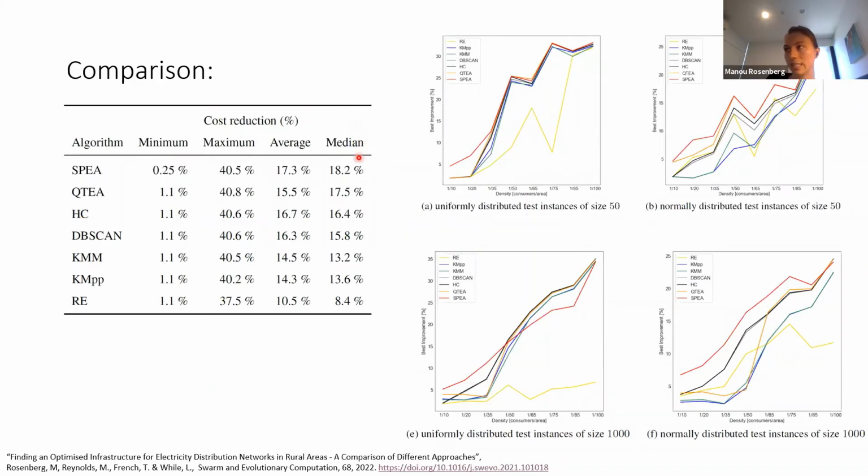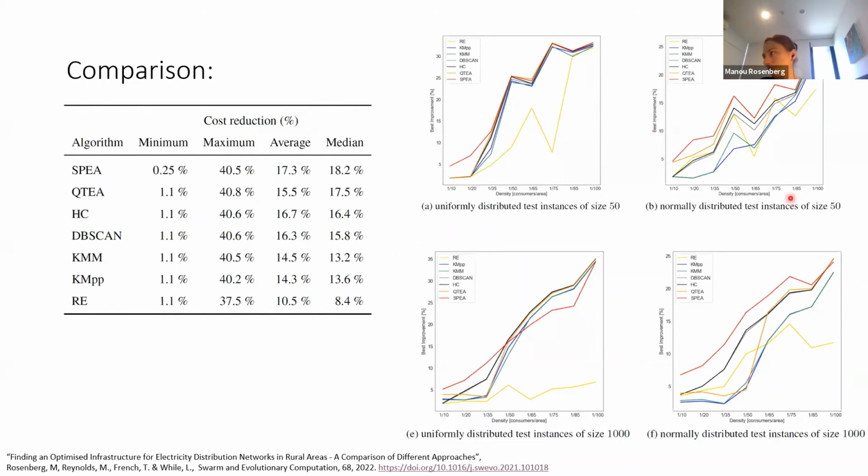And this is over all instances, the minimum, maximum, average, and median cost reduction compared to an interconnected system. So the higher the percentage, the better the algorithm has worked on average. Some of them seem to be very similar, but we have to look closer into the different problem instances.